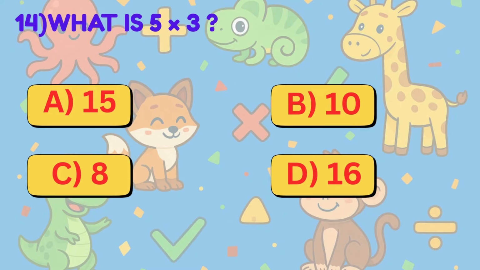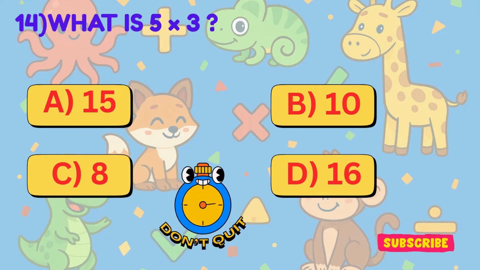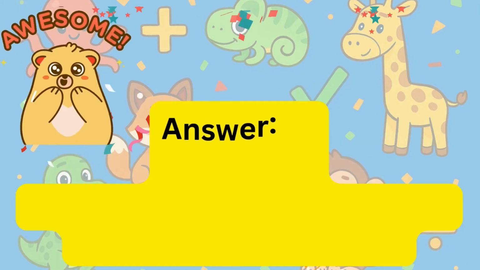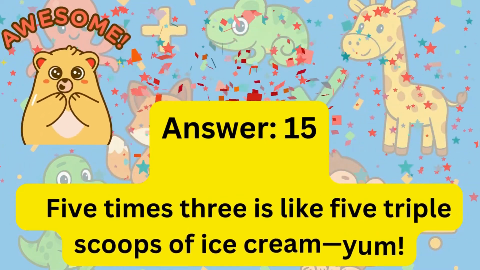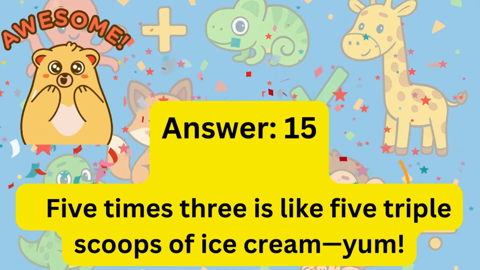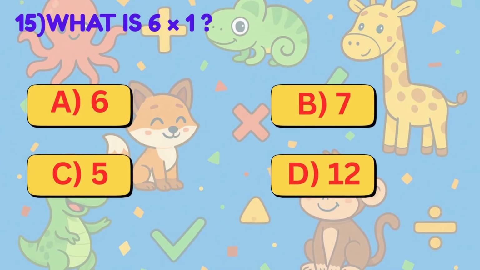Is it A, 15, B, 10, C, 8, or D, 16? Correct answer is 15. 5 times 3 is like 5 triple scoops of ice cream. Yum!